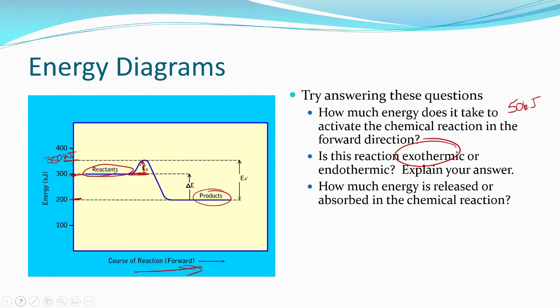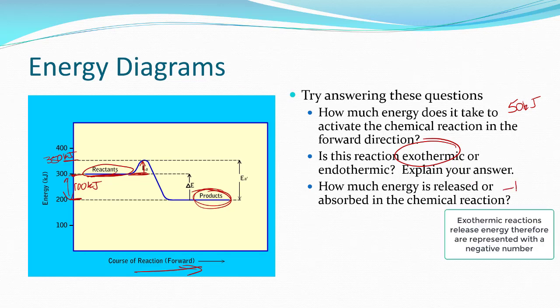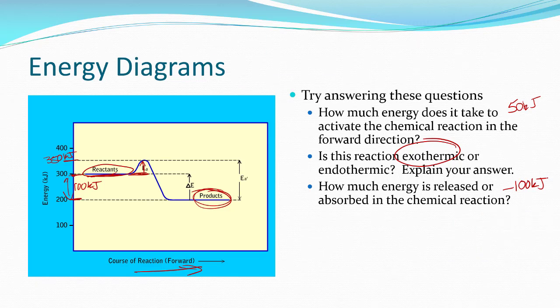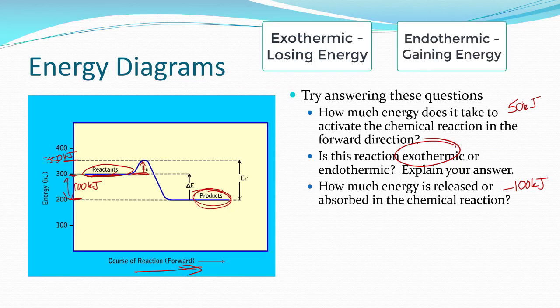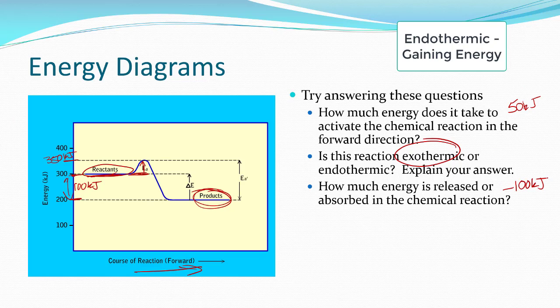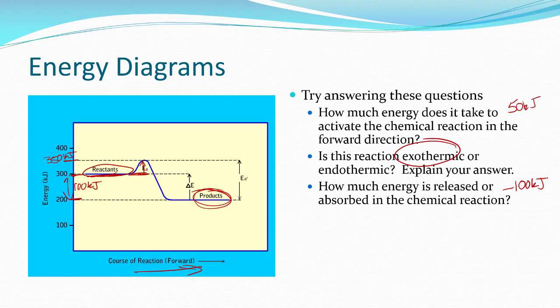So if we compare the reactants, again, to the products here, we can see that it's a difference of 100 kilojoules, which means that this is releasing, so we would put negative 100 kilojoules for the answer. Negative because it's losing energy. Exo means losing. Endo means gaining or absorbing. Think exosuit is on the outside. Endoskeleton is on the inside.